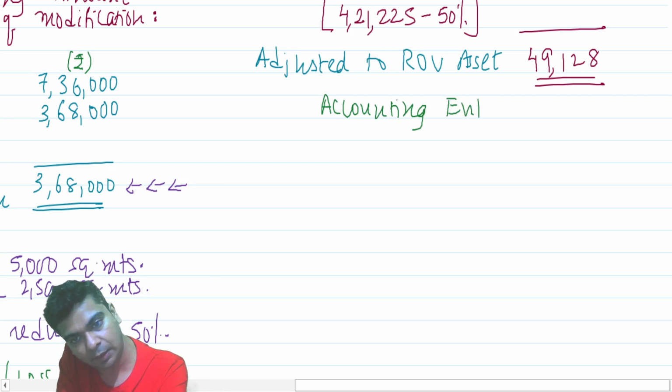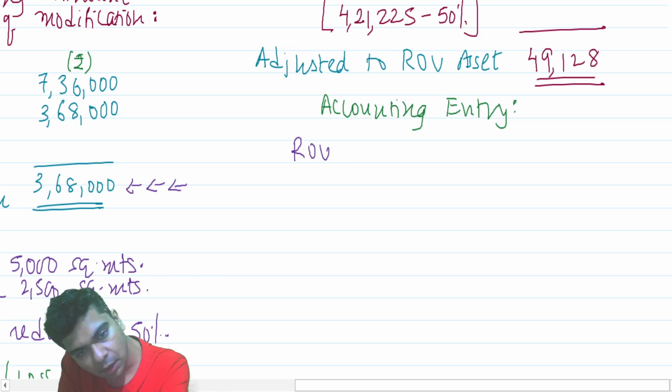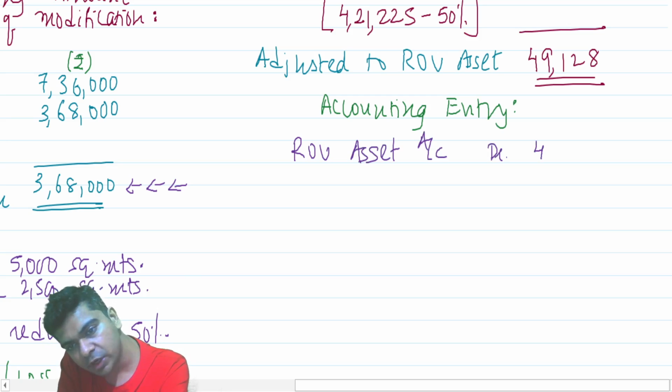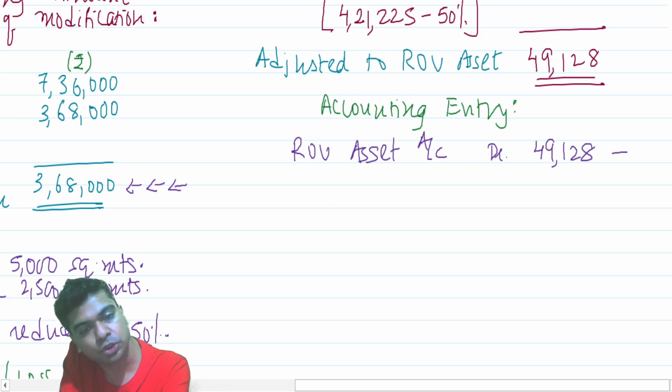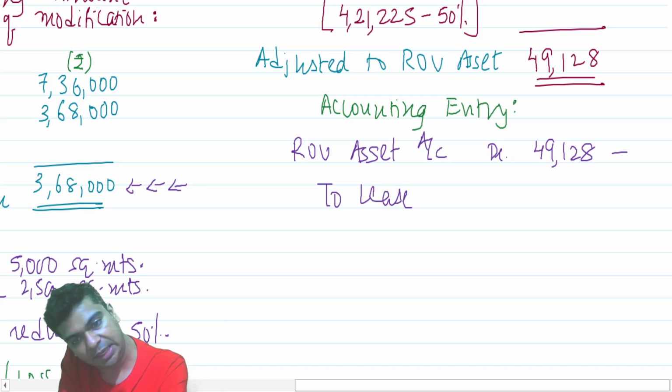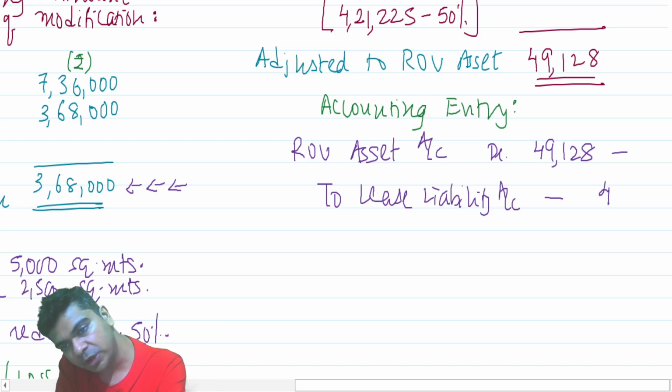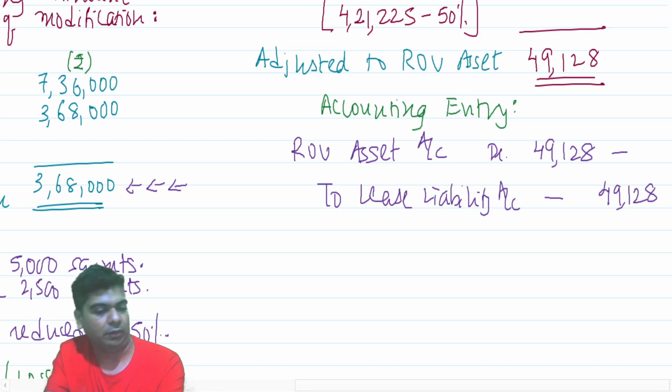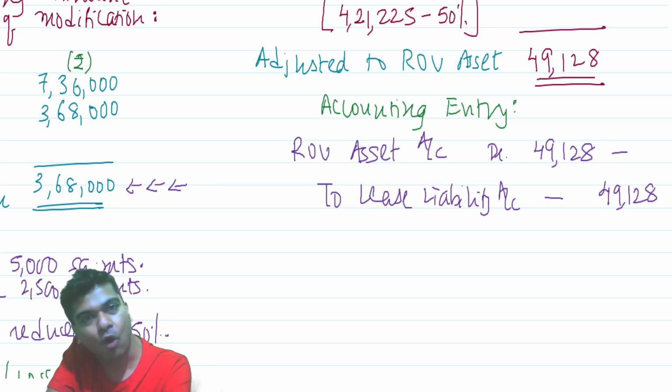ROU asset account debit 49,128 to lease liability account 49,128. Yeah, that will be the end of this question.